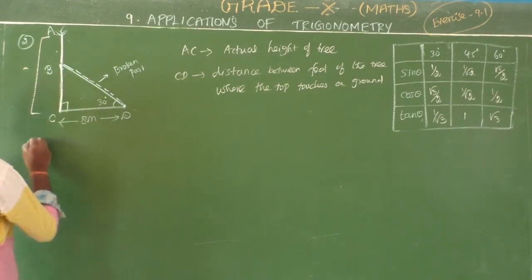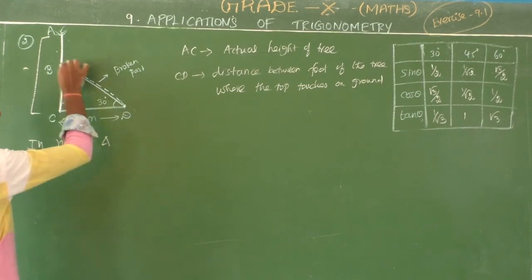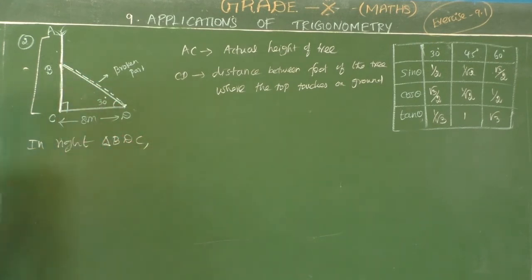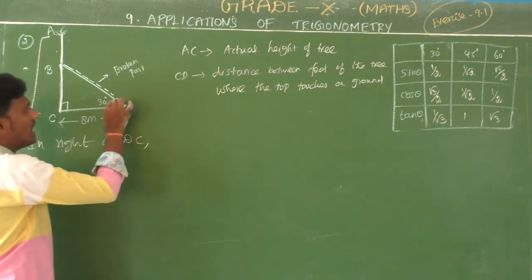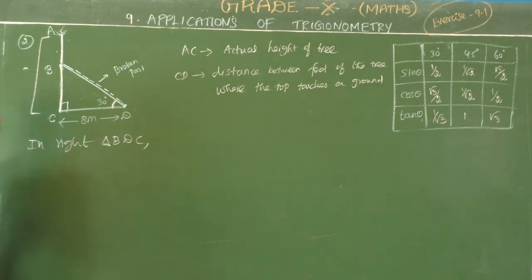So first take the right triangle BDC. In the right triangle BDC you have an angle of 30 degrees. Which theta ratio are you going to take now? Do you know, students? It is very simple.